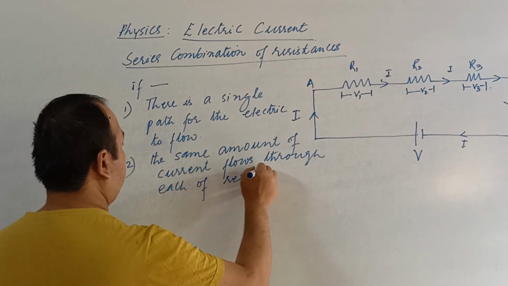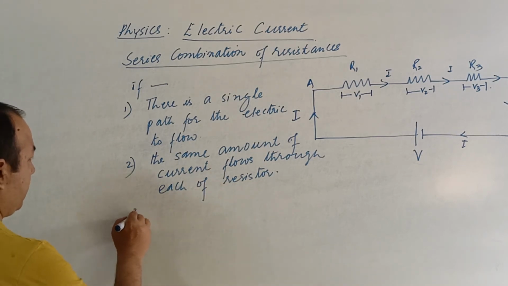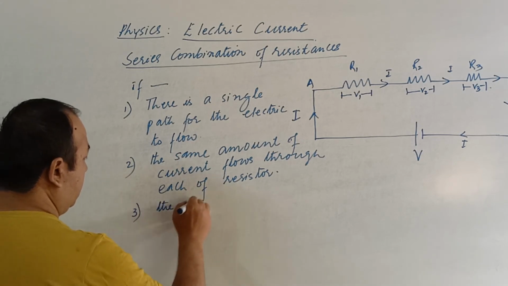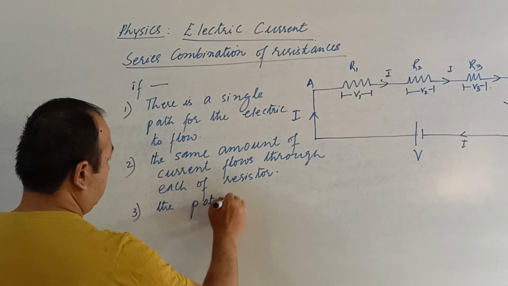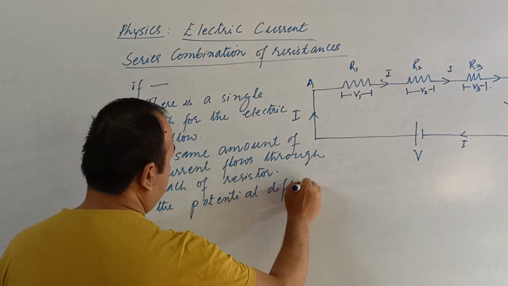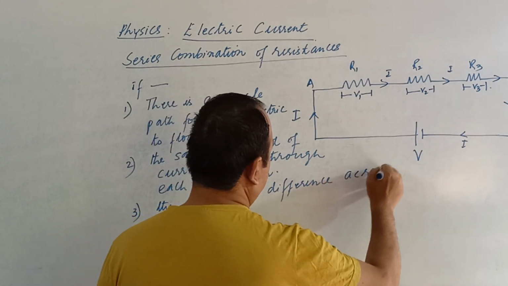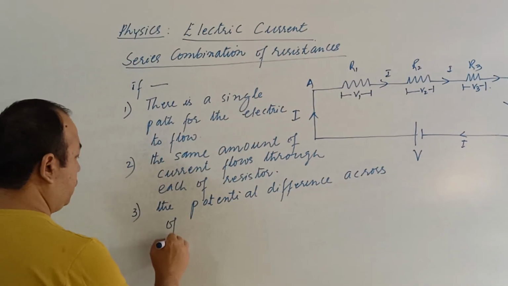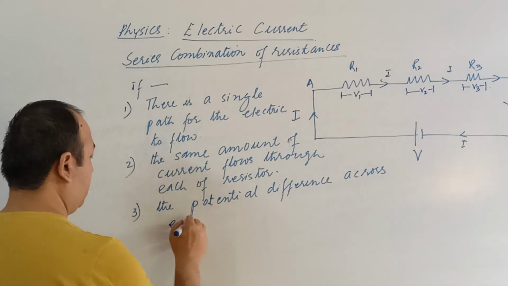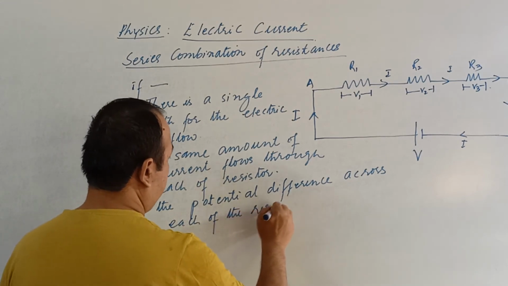Resistor is the name of the device which provides resistance in the electric circuit. Then number three, the potential difference across each of the resistors is different.